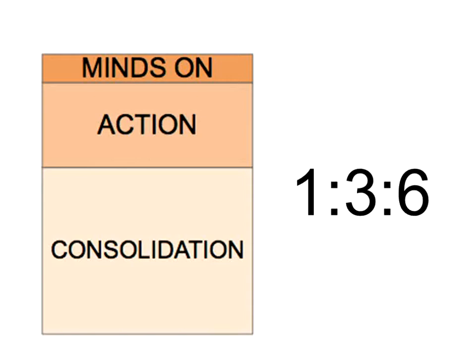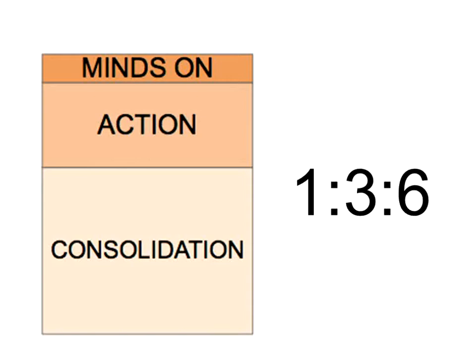And so actually this is a scale model of what your math class would be. So our board tends to have 50-minute math classes. So that would mean that the minds on would only be 5 minutes, and the action would be 15 minutes, and then the consolidation of a math lesson is 30 minutes.